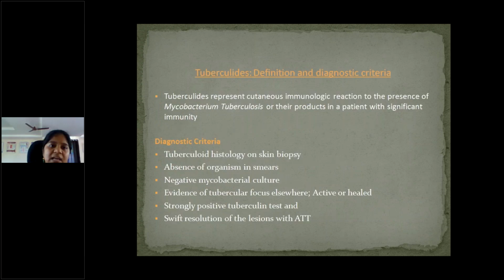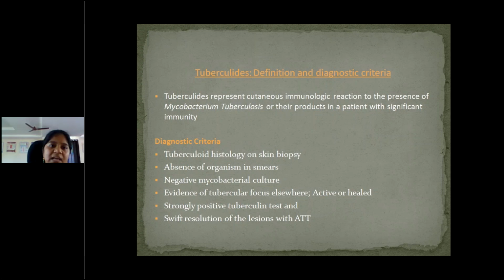Then coming to the next important type, that is tuberculids. Here we have to know a few diagnostic criteria before you term it, because if we don't have an organism there, we should make sure all the other diagnostic criteria are there. Tuberculids represent a cutaneous immunological reaction to the presence of Mycobacterium tuberculosis or their products in a patient with significant immunity.